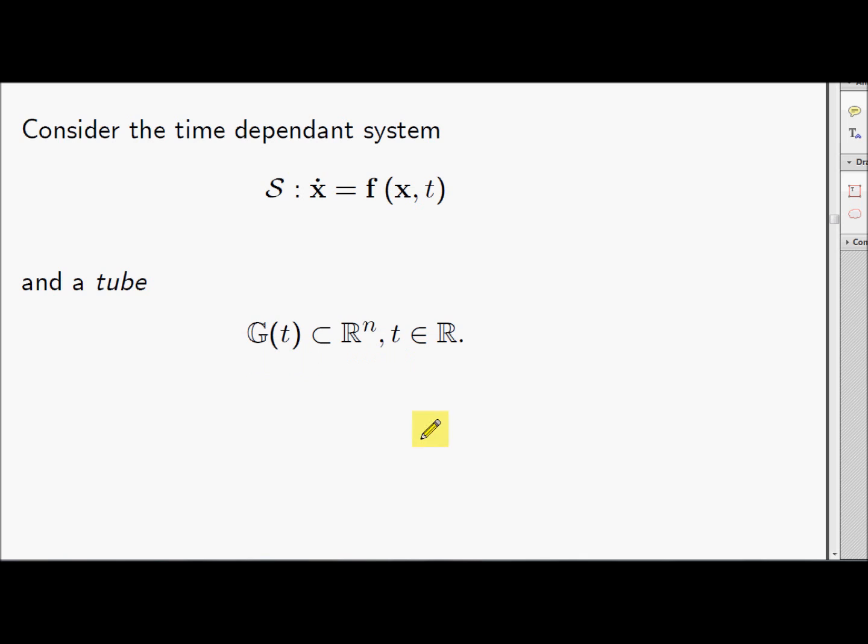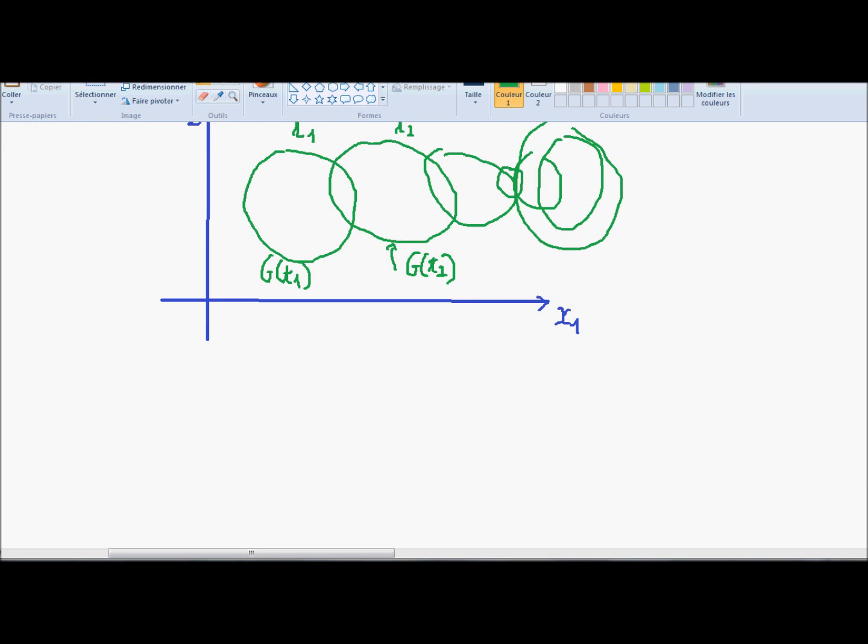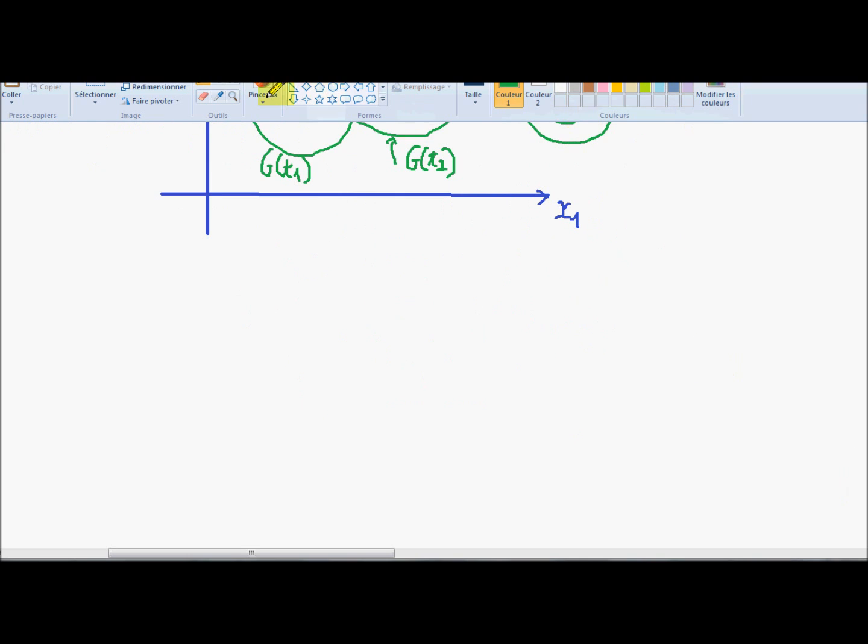So if I come back here, there you have j of t1. Here it is j of t2.